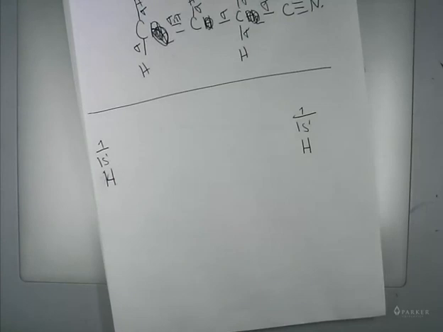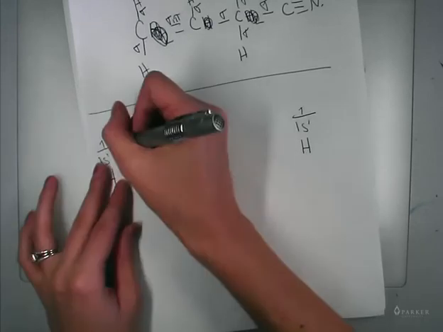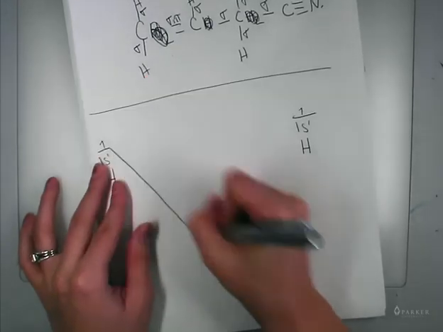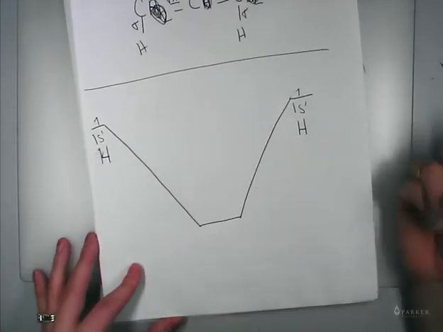We can combine them constructively, which is bonding, or destructively, which is anti-bonding. If you do it constructively, that means you lower the energy and they bond. So if something's going to bond, it lowers the energy. We want to bond them down here in low energy to make a bond.